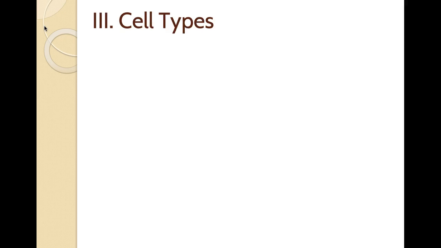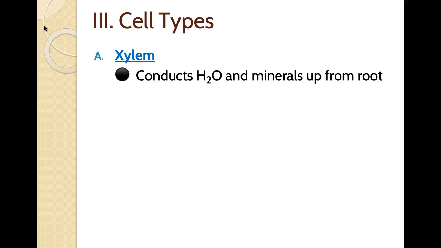I've already briefed you on these cell types on the tissue slide. Cells make up tissue, so that's why they're coming back here. There are two main cell types in a plant. One is called the xylem, and the xylem conducts the water movement and minerals up from the root.